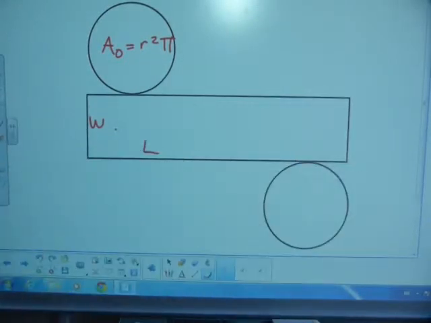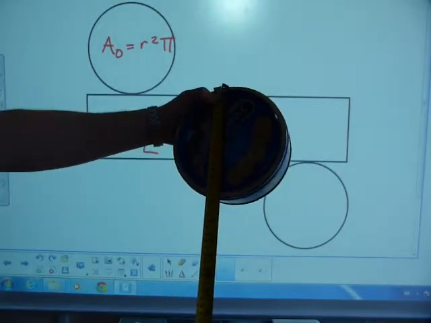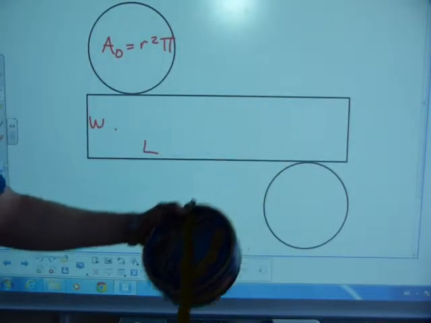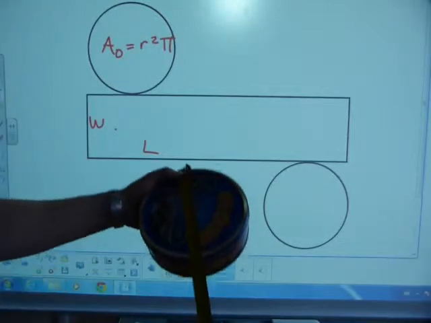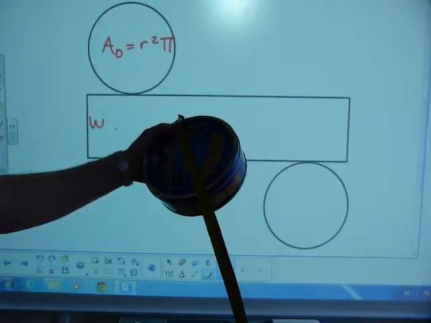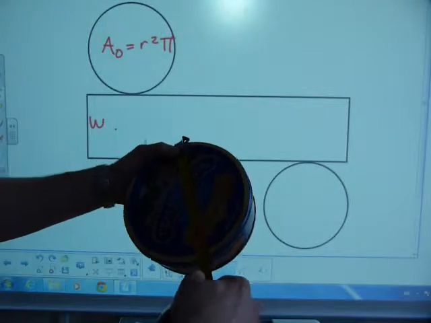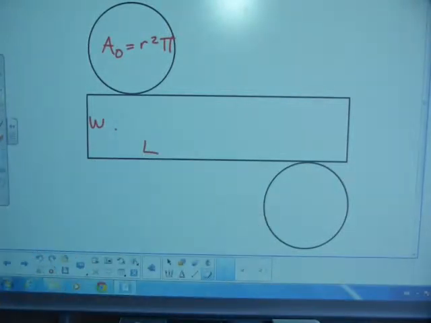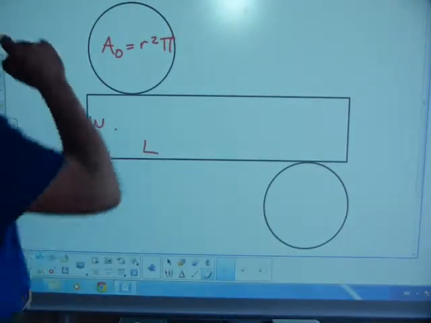I like this one, and let's go metric. I don't want to do fractions, so I'll give you whole numbers so it's easy. Say the diameter is 20 on this one.